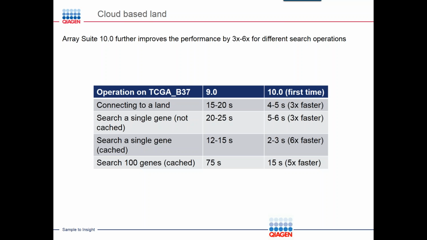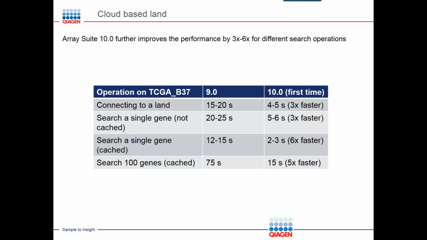This always happens, no matter how you search the gene. Now for 10.0, if you want to switch to another LAN, it only takes 4 to 5 seconds, and this of course only happens once.